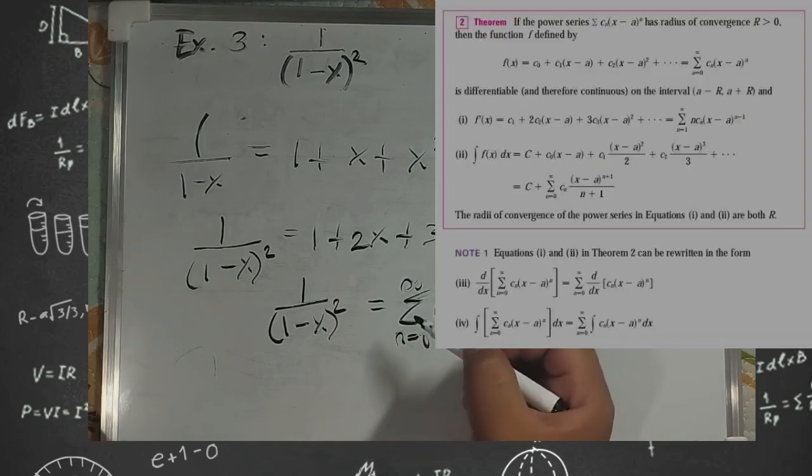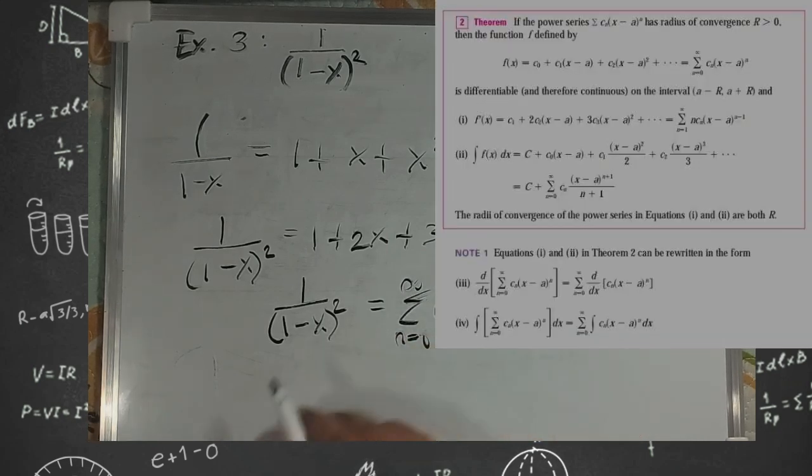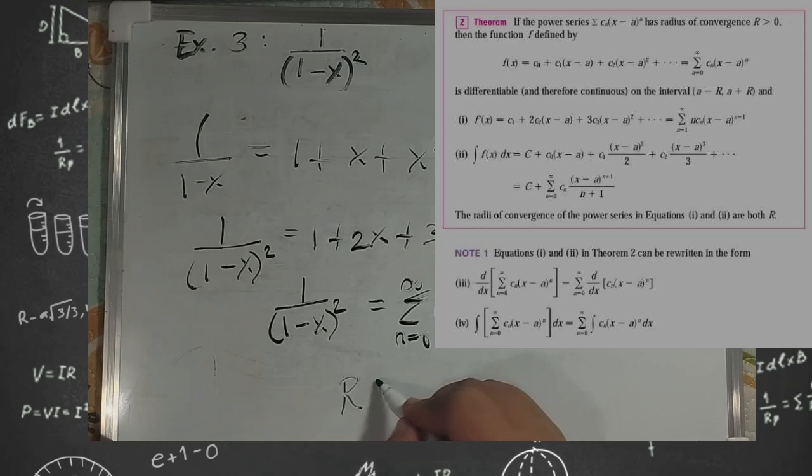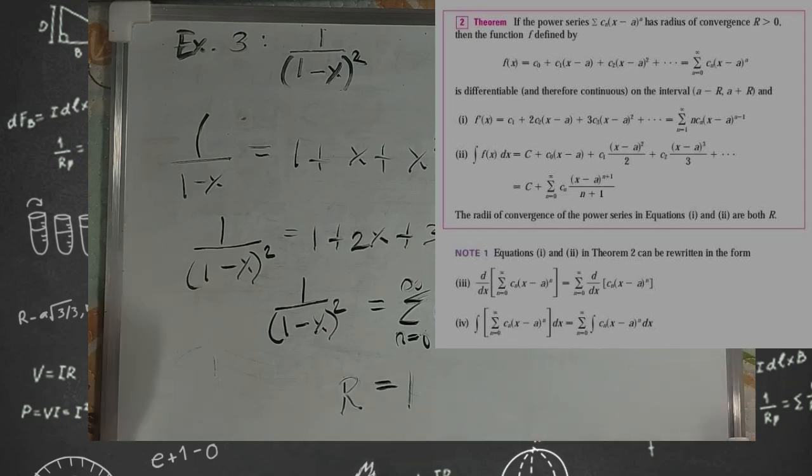So according to theorem number 2, the radius of convergence of the differentiated series is the same as the radius of convergence of the original series, namely r is equal to 1.